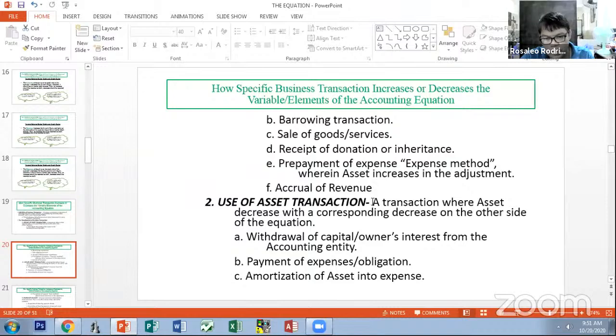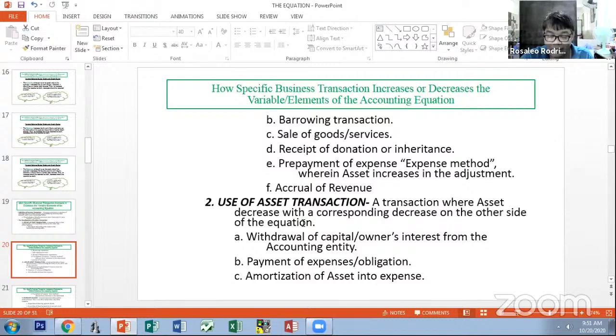So, a use of asset transaction is one where asset decreases with a corresponding decrease on the other side of the equation. Asset decrease is on the debit side, or one side of the equation. To balance the equation, there must also be a corresponding decrease on the other side of the equation.